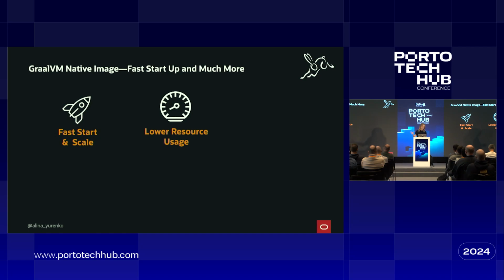Now, because native image offers you a trade-off where you move all of that to build time, you don't need to keep around and waste that much memory as you run your application. We always recommend that you measure for yourself and for your own application, but on average, you can expect, I would say, 3x, 5x less memory usage with native image as opposed to the JVM. So not 3-5%, but 3x, 5x. I think it's a good deal.